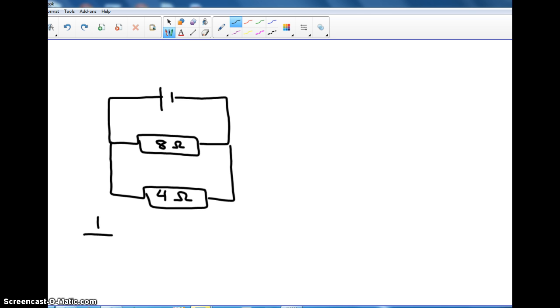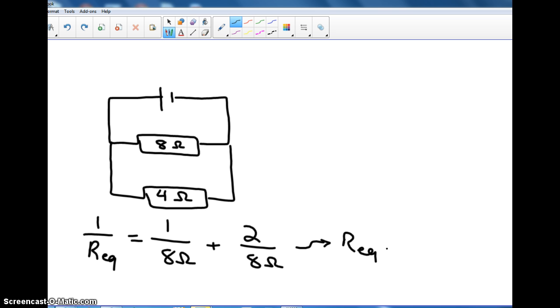You use the equation 1 over the first resistance, which is 8, plus 1 over the second, which is 4. We could rewrite this as 2 over 8, I'm sorry, 1 over 8 plus 2 over 8, and what we'll have is 3/8, or Req equals 8/3 ohms.